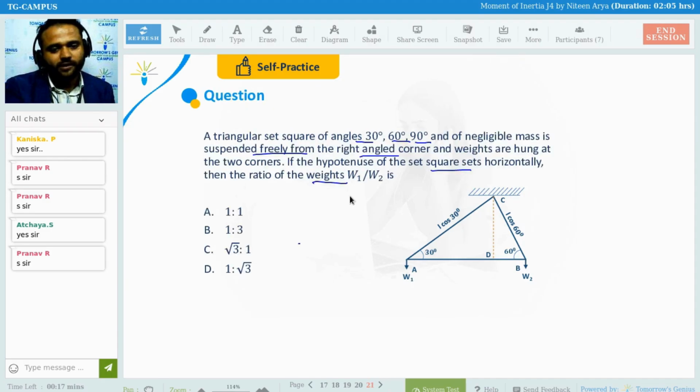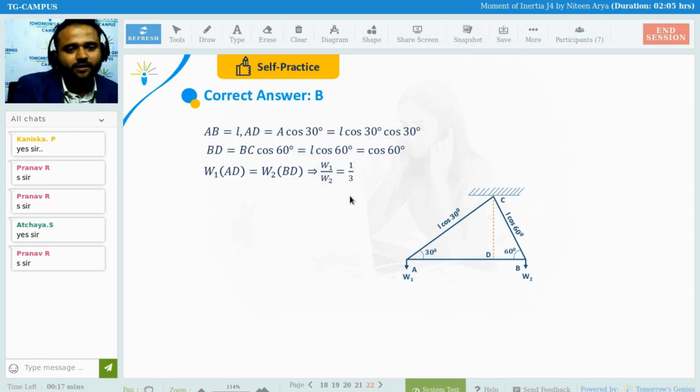So the ratio of weights W1 and W2 is going to be 1 by 3. AB, as you can see, is going to be L. Obviously we choose this particular length L, and AD is going to be L cos 30 degrees.